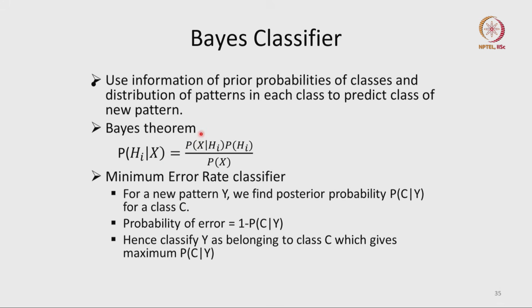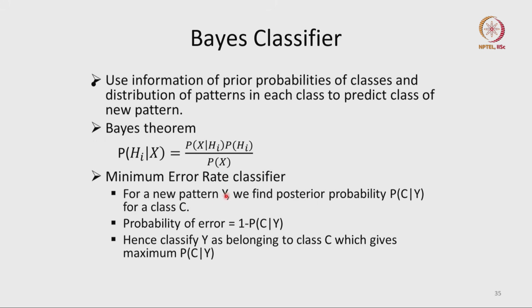So, you are using the Bayes theorem, which says that probability that it belongs to a certain hypothesis given x is equal to probability x given hypothesis i and probability h i divided by probability x, right. So, you are going to make use of this.